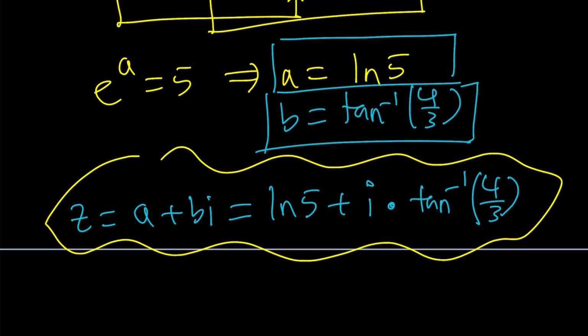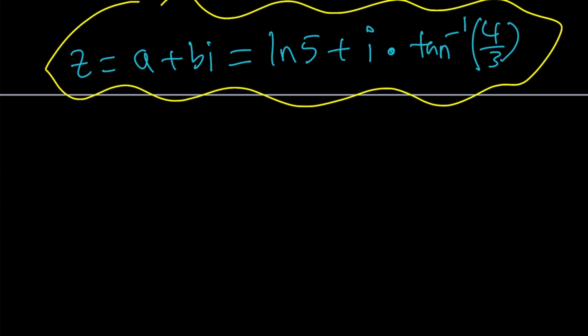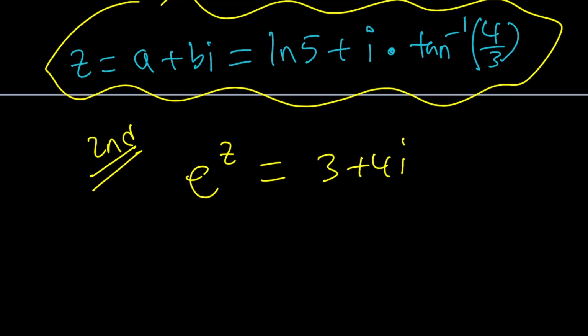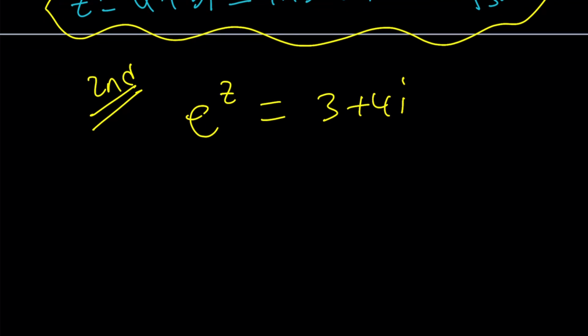Now, what is the second method for this problem? Let's go ahead and take a quick look because I'll probably leave it unfinished, but you can pretty much do the rest. So e to the z equals 3 plus 4i. You can just ln both sides, and that would give you ln e to the z equals ln of 3 plus 4i.